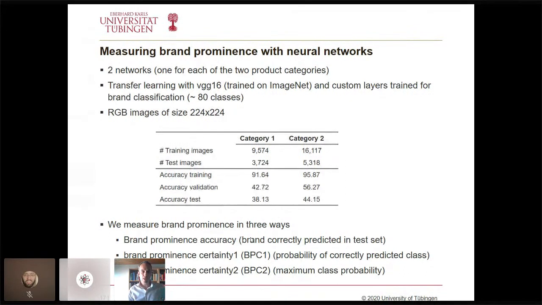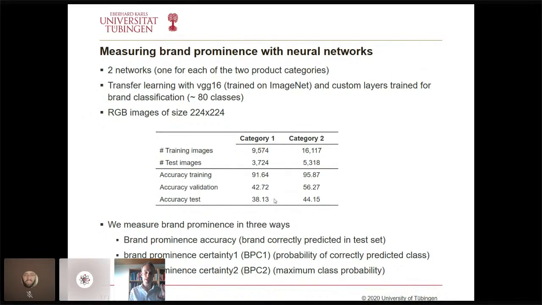We have a bit more than 9,500 images in one product category and 16,000 in the other for training, and then these are our test images. Within the training sample, we achieve pretty good accuracy, which is quite a bit lower in the test data. So we do have a bit of overfitting here, but we're still in the process of trying to find ways to reduce that difference.